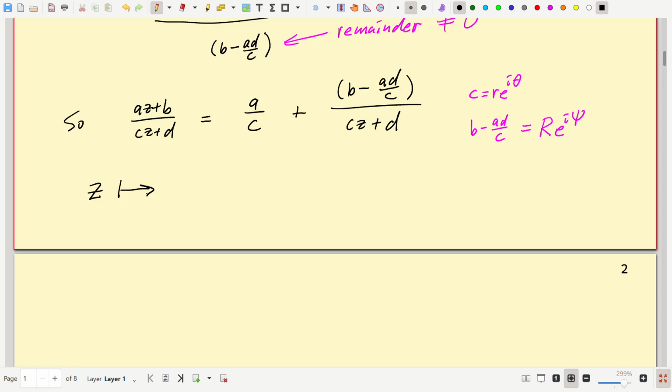So I take my Z in my calculator and multiply it by C, then add D, and I'll tell you the sequence. So first we multiply by C, so step 1 is stretch by R. And then we have times e to the I theta. So the next thing would be to rotate by theta.